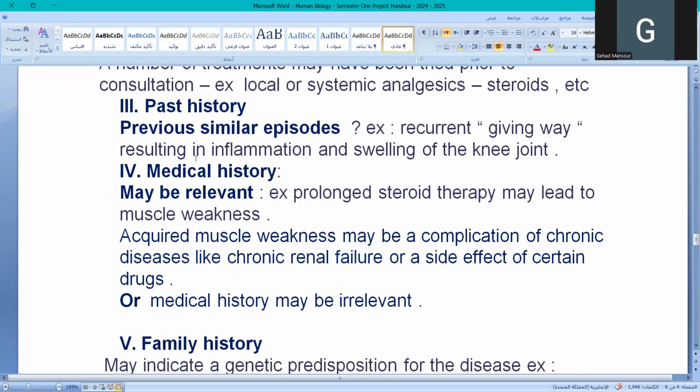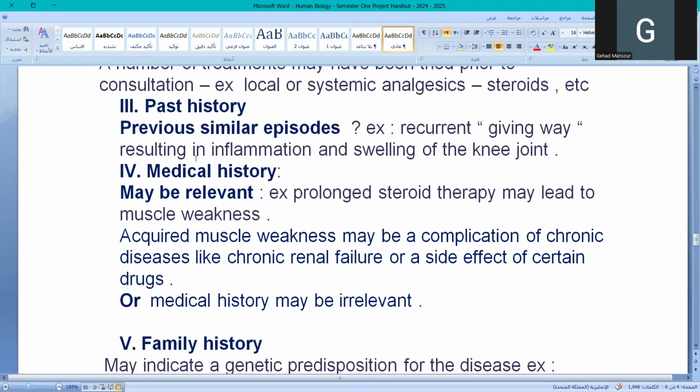Of course, you will not force the patient to talk about a particular symptom, meaning that if the patient has never suffered from giving way, don't ask him, for example, is there any giving way, unless you feel that the condition is most probably, for example, an injury to the anterior cruciate ligament, and that there might be a strong possibility of giving way.